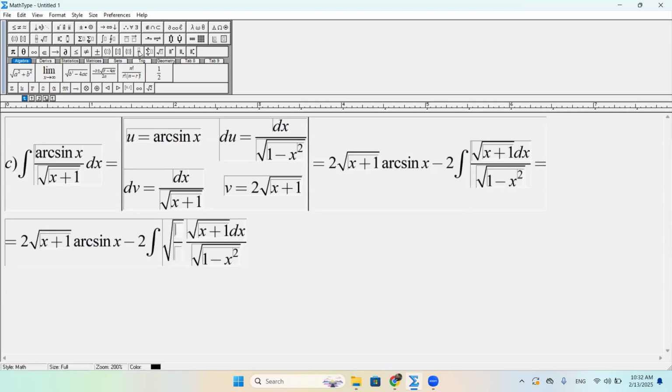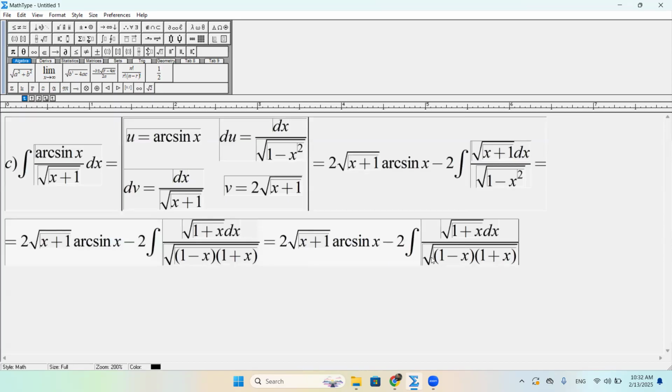What do we have here? This is the difference of squares. And if I expand it more, it looks like this.